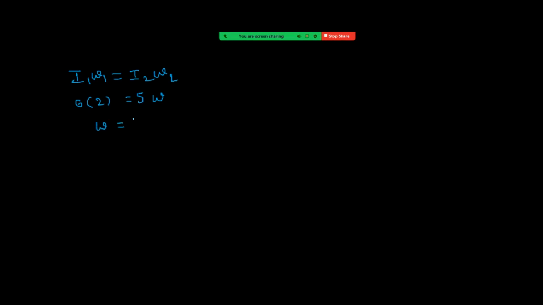So 12 by 5 means 2.4 radian per second. Means initially the person was like this. Now he's bringing his hands and legs close to his body. Okay. So what happens is now more mass is closer to the axis of rotation. That's why moment of inertia has reduced.